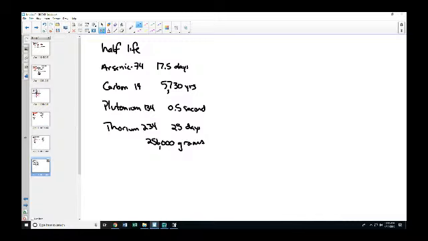How long will it take to decay to get to 1,000 grams?